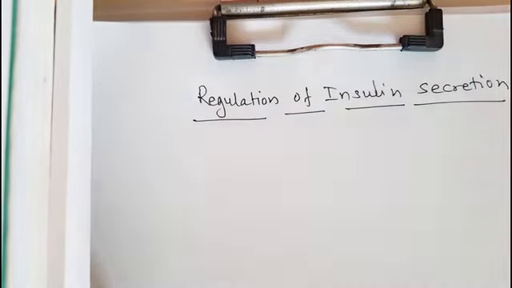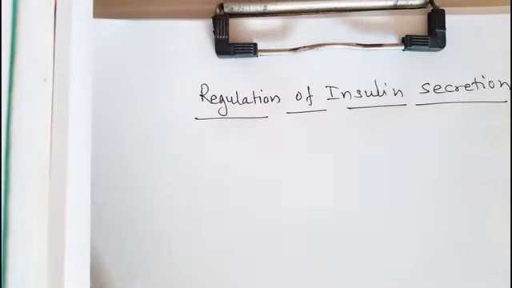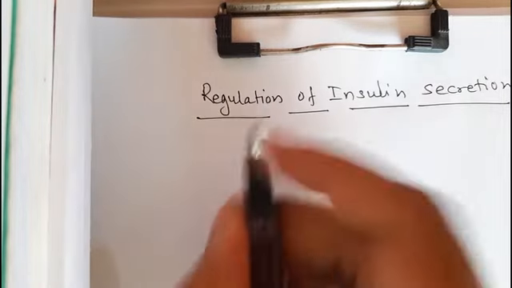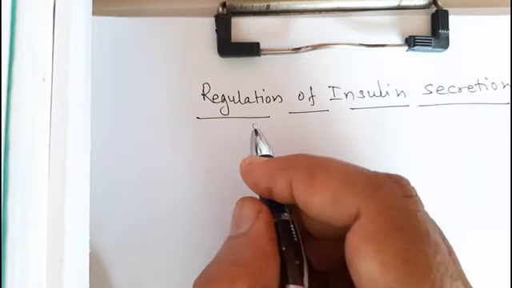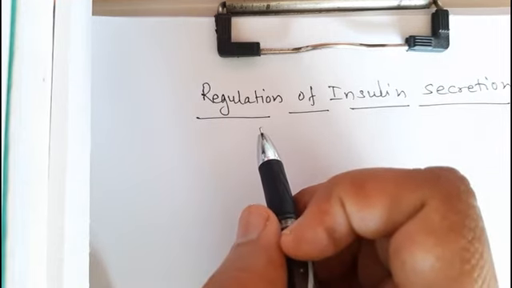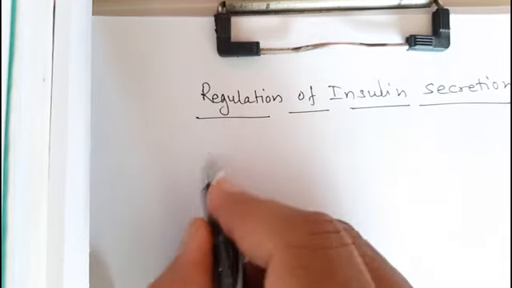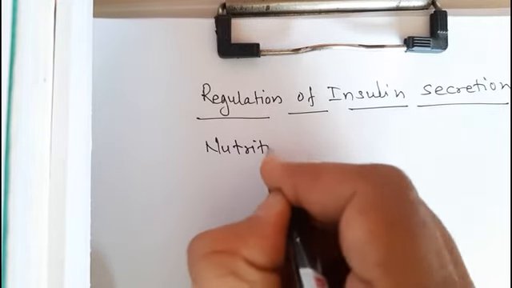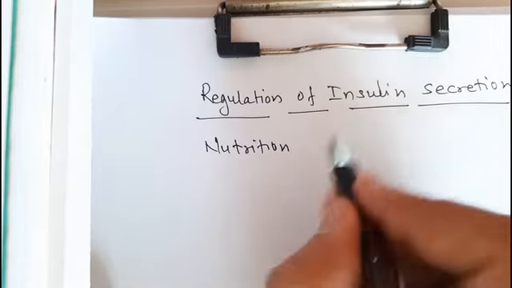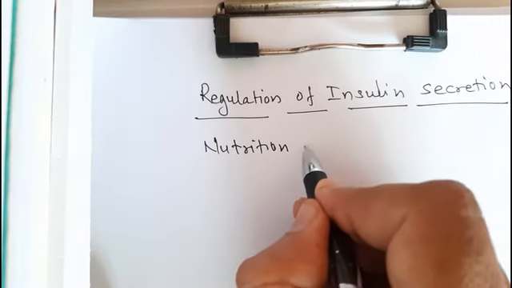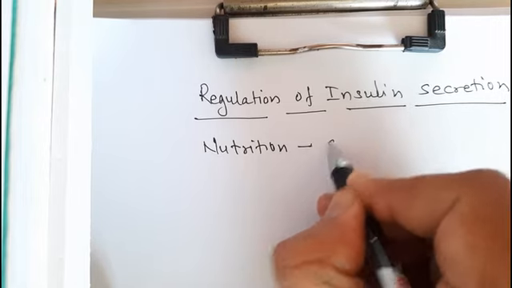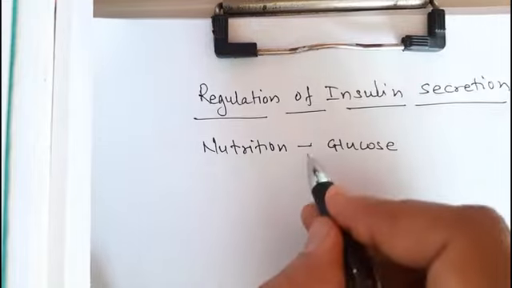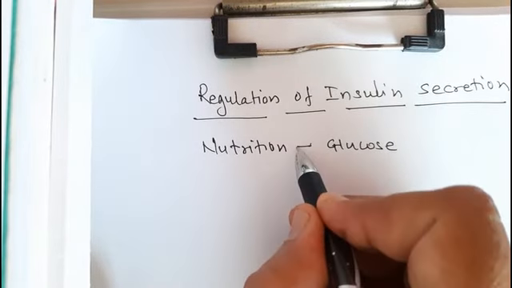Last time we saw that the most important regulator, or stimulus, for insulin secretion is the blood sugar level. So nutrition, isn't it? Nutrition, what you are taking, plays an important role. In that, glucose increases the blood sugar level, the most important stimulus for this.